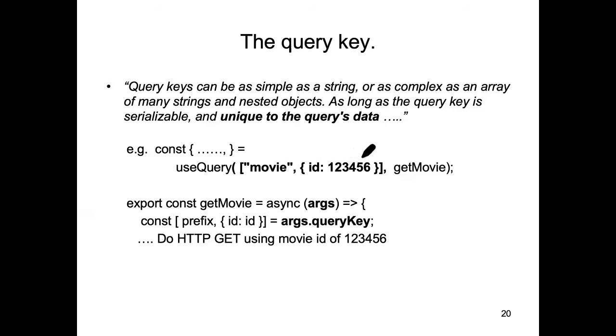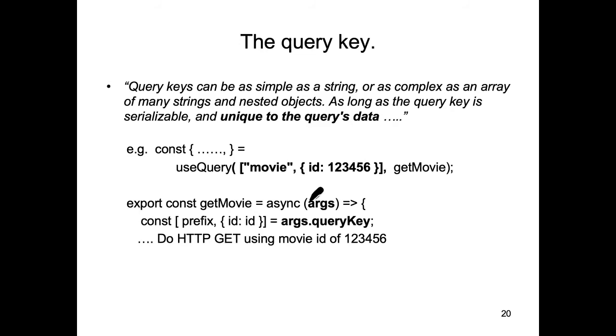That's all it needs to know. So it can use that movie ID to construct the HTTP string in order to communicate with TMDB. So the question is, inside this function, because I've got to implement this function, how do I get at this particular key value? And it turns out that the useQuery hook passes an argument.